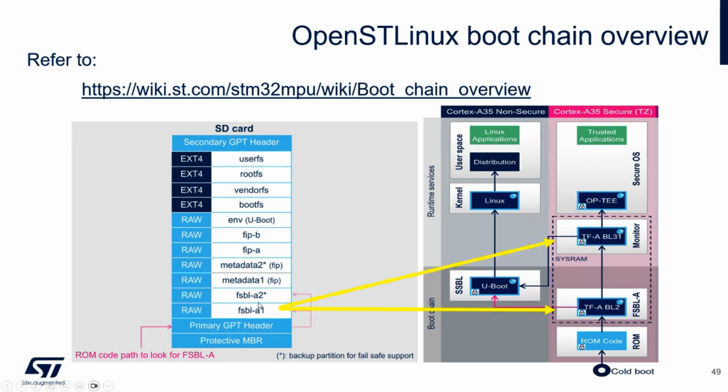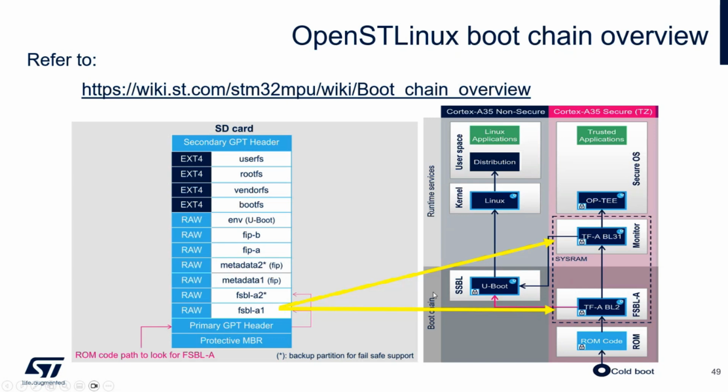This can be updated. This cannot be updated. Here you have two FIP partitions, so you can have two versions of FIP using the over-the-air update. And you could also have different versions of all these partitions, A and B, in your flash if you want to make an over-the-air update.